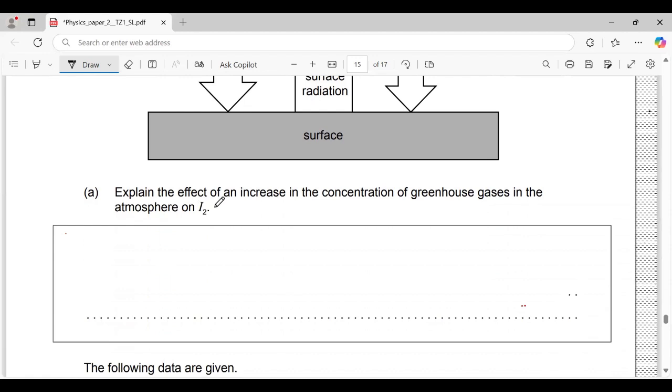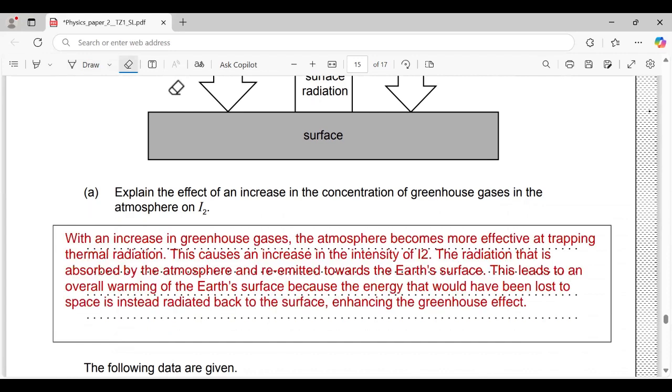Next, explain the effect of an increase in the concentrations of greenhouse gases in the atmosphere on I2. With an increase in greenhouse gases, the atmosphere becomes more effective at trapping thermal radiation.